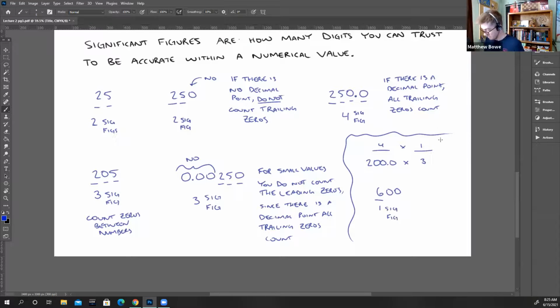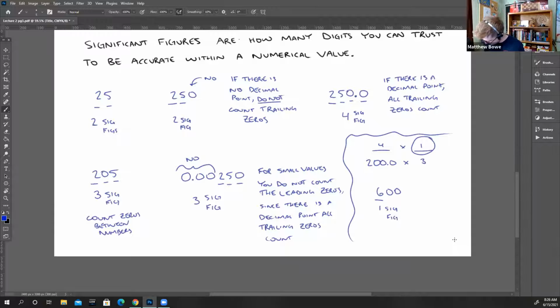That's what I mean by you always take the value that has the least number of significant figures in your result. That's so you don't take values that the calculator gives you that might not be accurate. If you do this, you're being consistent with your results.